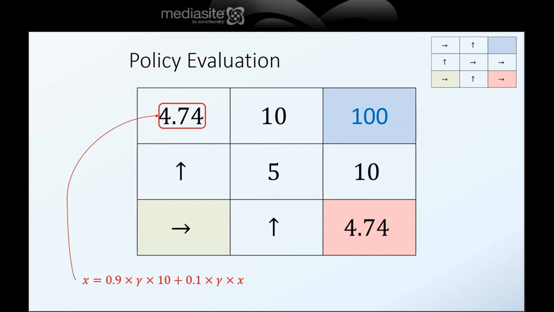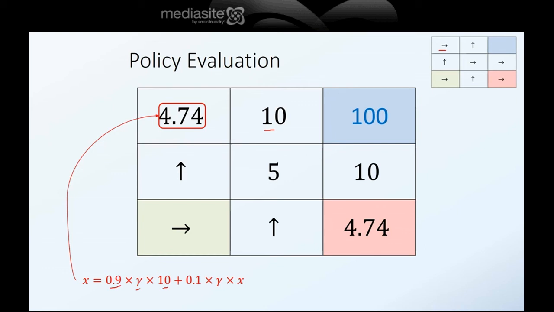So top left, it's 4.74. The policy mandates that the action be a right move. In other words, with a probability of 0.9, we go to the next state which has a value of 10. And it's multiplied with gamma, the discount.